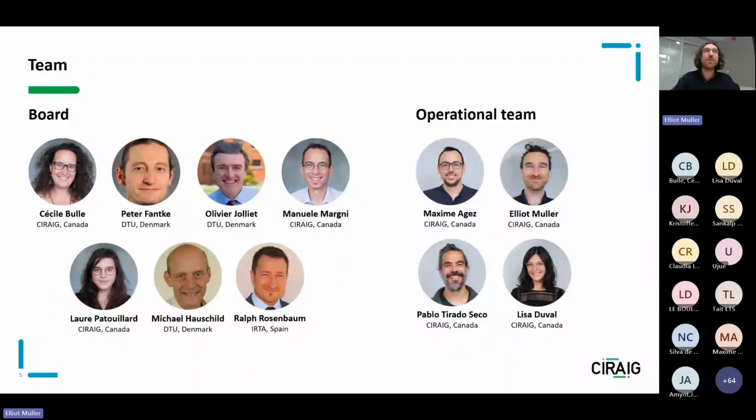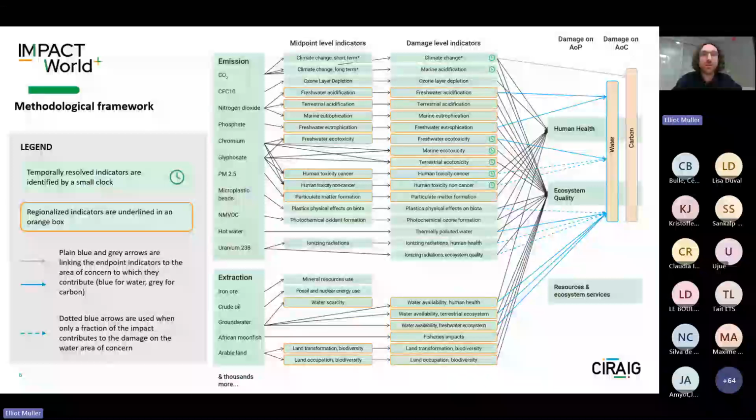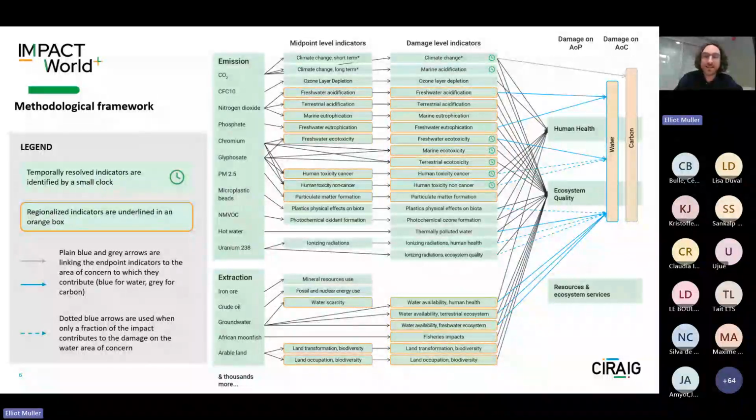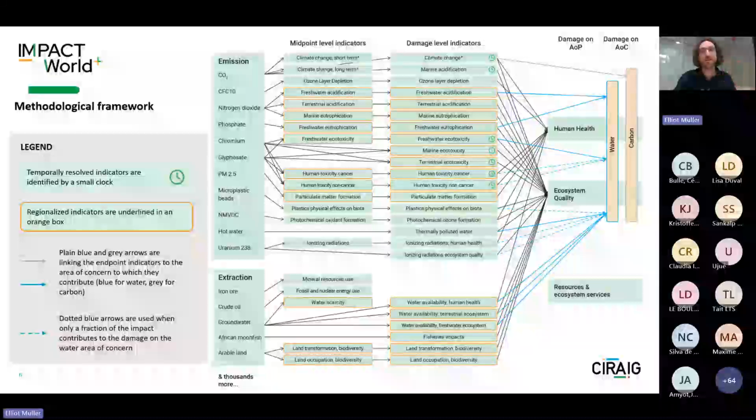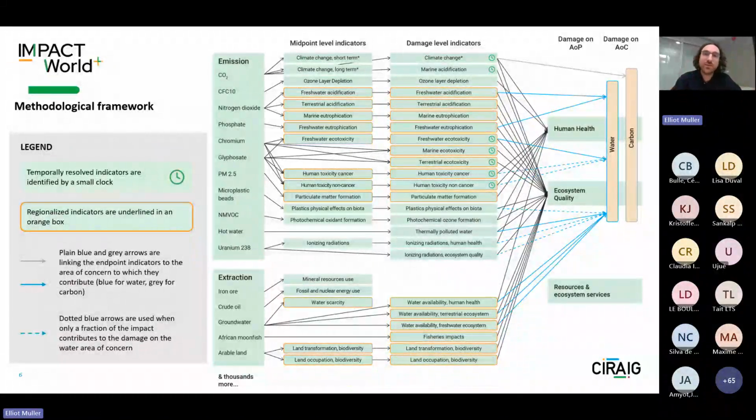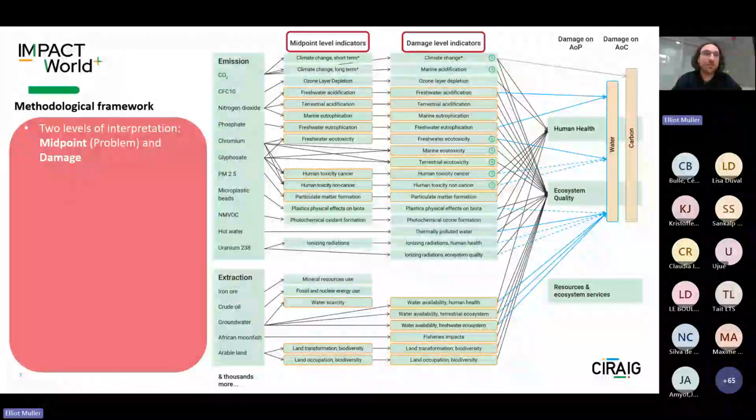So this is the methodological framework of Impact Plus, and I will take that occasion to show you the main things that really present what is Impact Plus, what is the core of Impact Plus. So first, a very important aspect is that Impact Plus is based on two levels of interpretation.